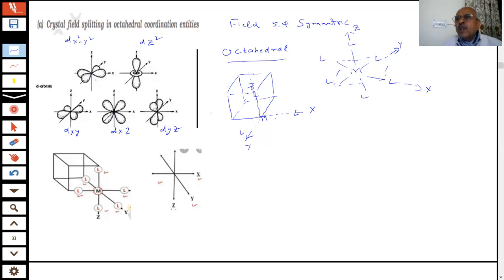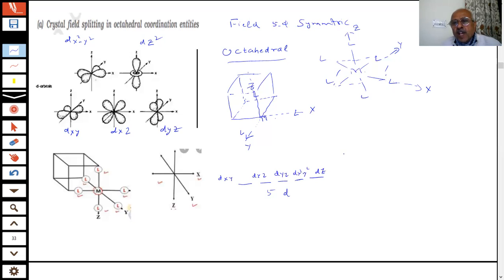So what will happen? First, the energy of these 5D orbitals will rise. They are degenerate: dxy, dxz, dyz, dx square minus y square, and dz square.